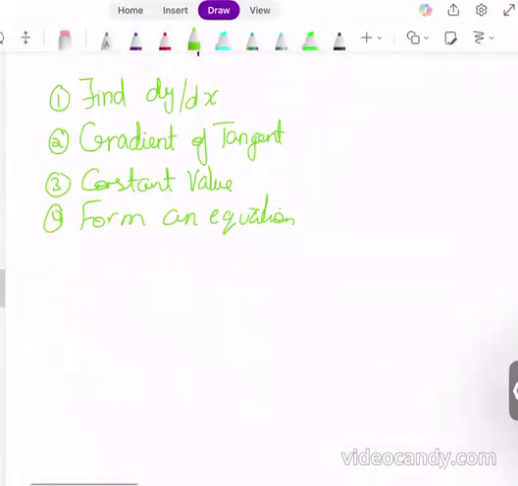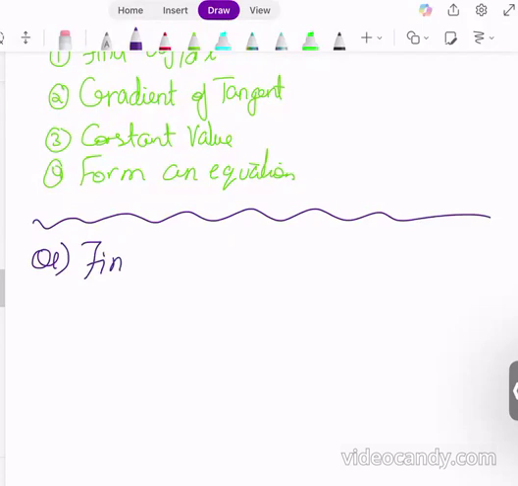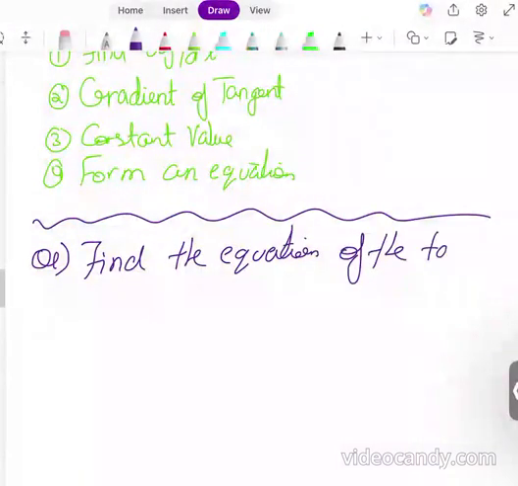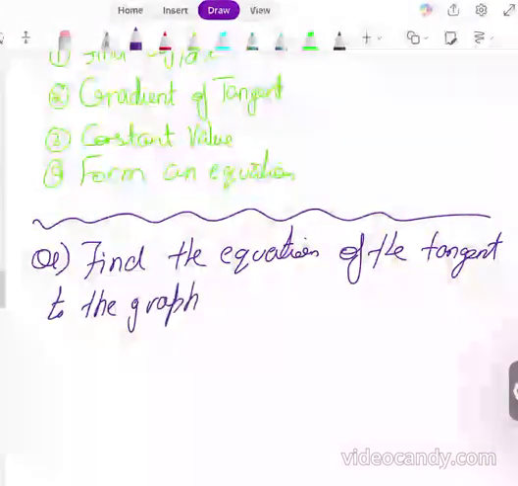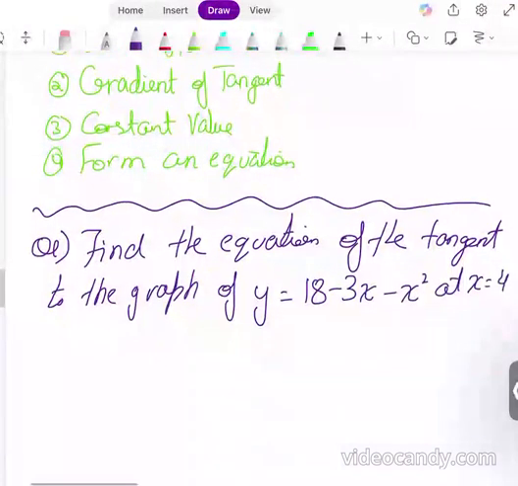Okay, now we'll do one question related to this topic and see how to solve it. Question number 1. Find the equation of the tangent to the graph of y is equal to 18 minus 3x minus x square at x equal to 4.